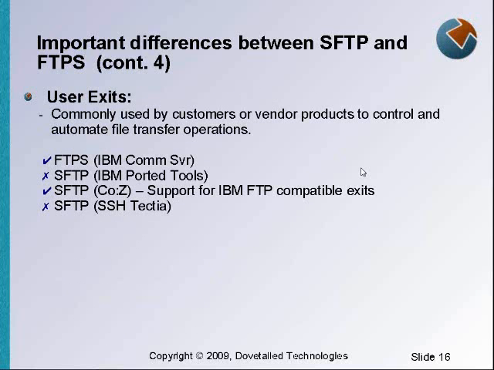Finally, the last difference that I'm going to talk about is user exits. IBM's FTP product defines some user exits that can be used either to pre-validate all of the commands or to post-process file transfers. And these are used by customers and managed FTP products from vendors to do this management and control, this fine-grained control over your FTP environment.